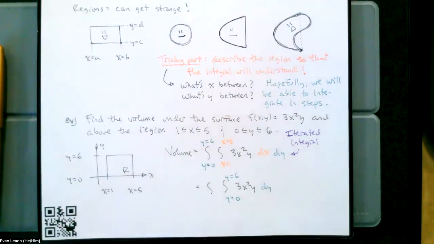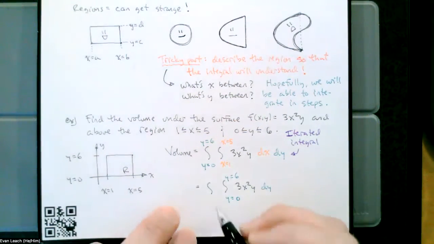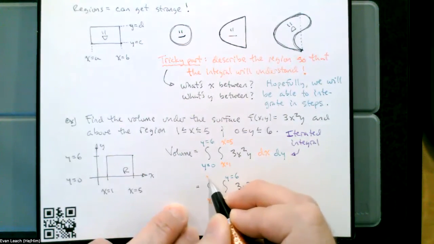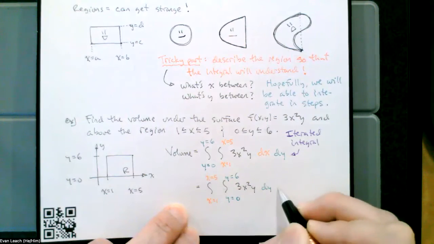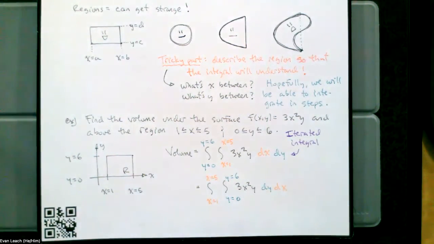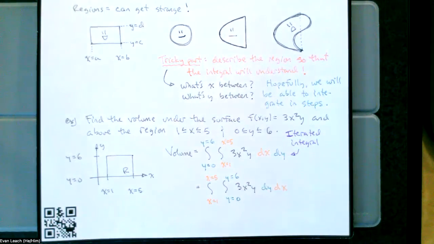Y goes from 0 to 6, and what is x between? Right now you're thinking, well, what if I read it that way?